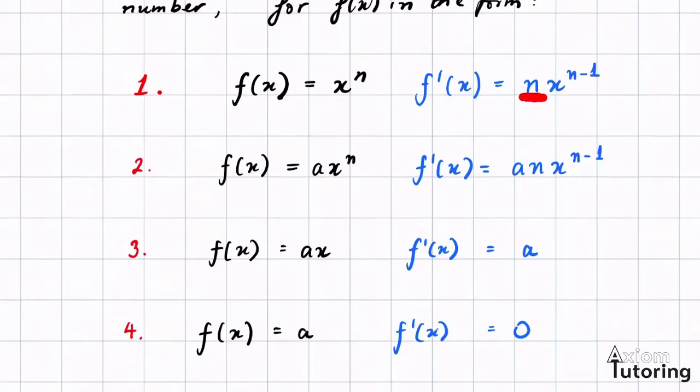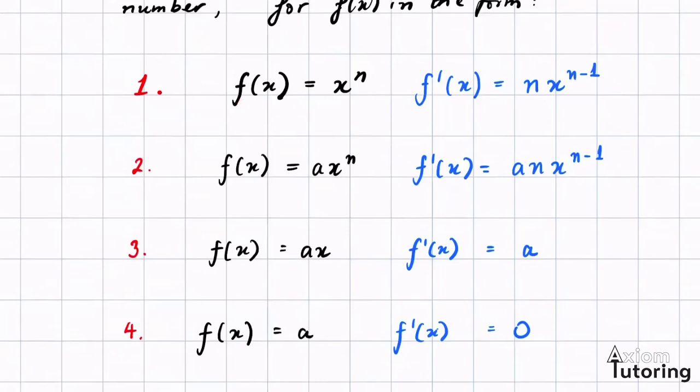So we bring down our power n in front, which becomes our coefficient for our derivative. And then we minus 1 from the index, which we have here. So that's the general formula we follow when we have a function in the form of x to the n.